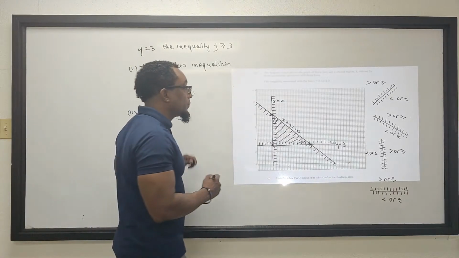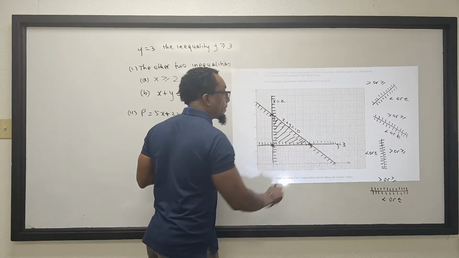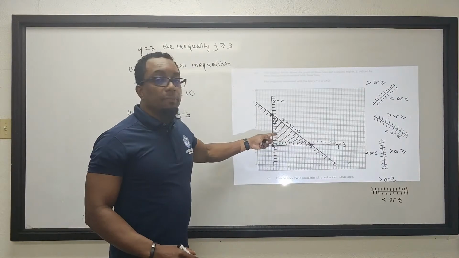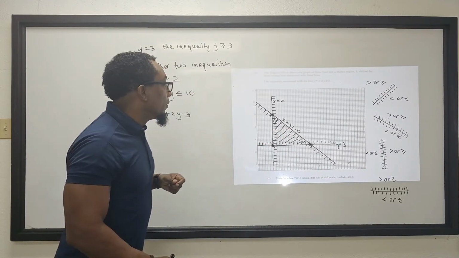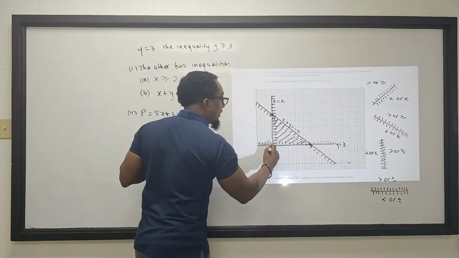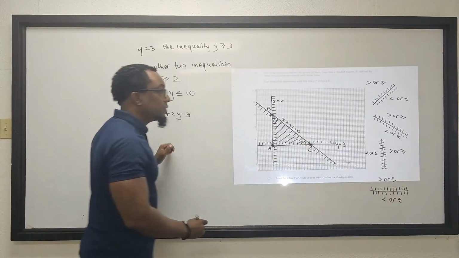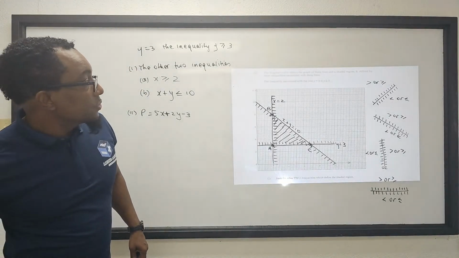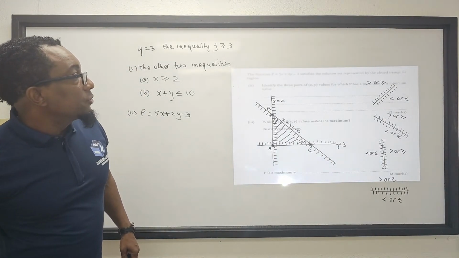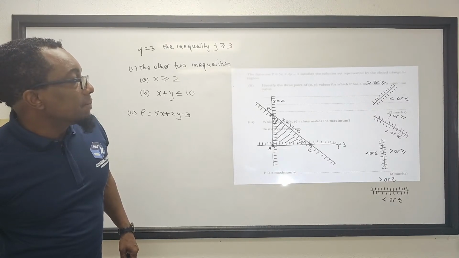The 3 pairs of values we're going to focus on will be the 3 vertices of the satisfied region, which is in the shape of a triangle. So we can call one point A, we can call the other point B, and the other point C. So to answer this question, identify the 3 pairs of x and y values for which p has a maximum or minimum value.